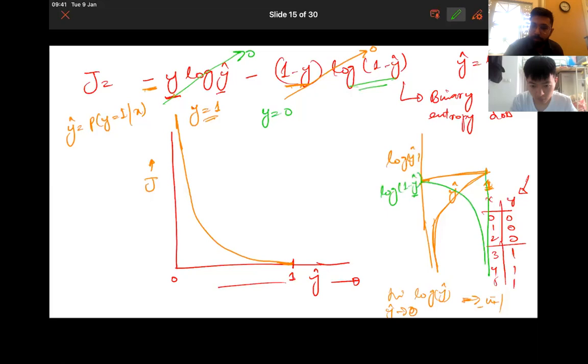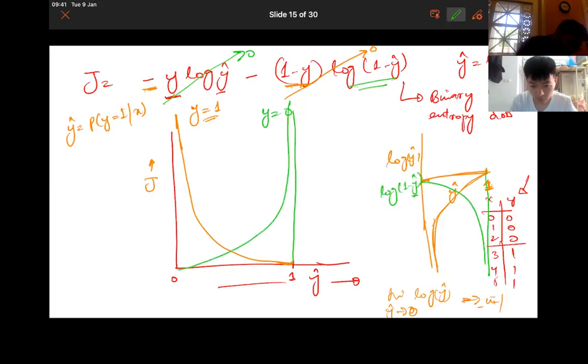Okay, perfect. Now let's plot negative log of 1 minus y hat, and this would look like this. Let's try to interpret what this means. If y hat is 0, you want the probability of y equal to 1 given x to be small, and that's why at this part your loss is small.